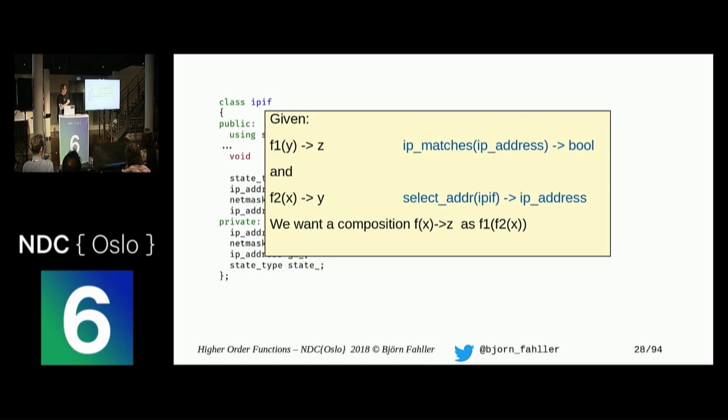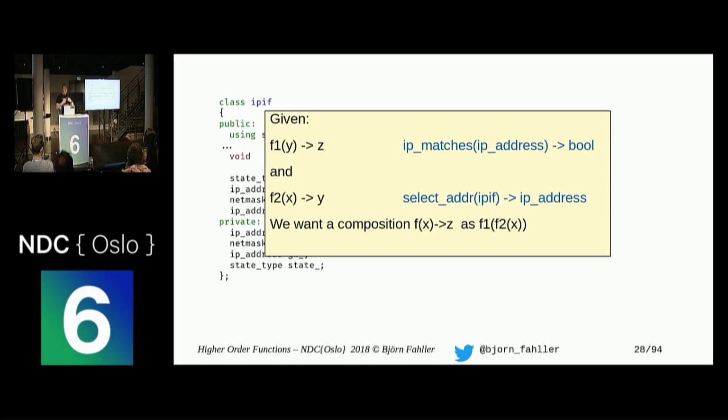So for example, if I have f2 being a select address function that takes an IP interface and returns an address, and I have the IP matches higher order function that you saw earlier, then we can see that the result of composing those would be something that is called with an IP interface, select address gives us an IP address, sends that IP address into IP matches, which gives us a bool.